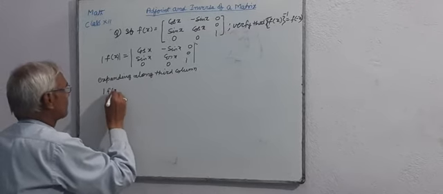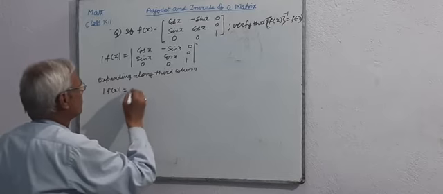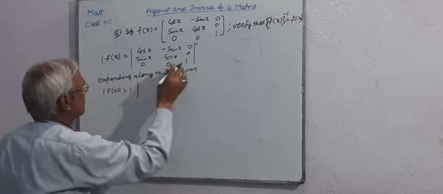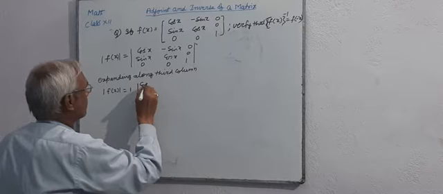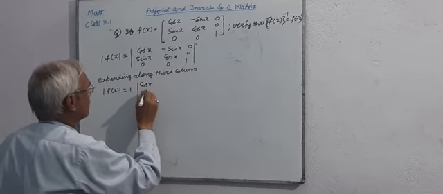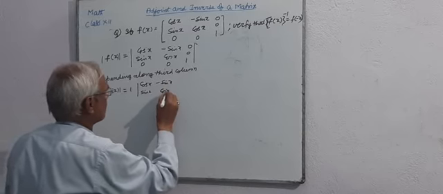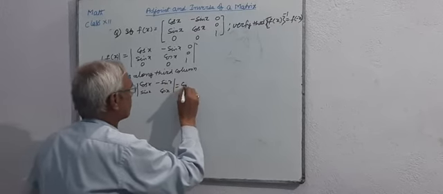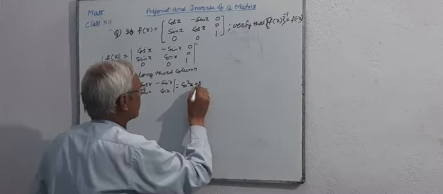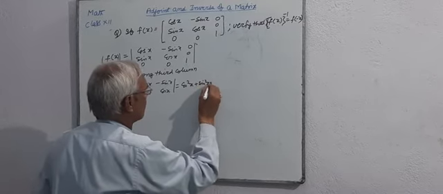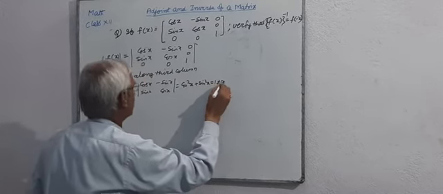Determinant of f(x) equal to 1 times cos x, minus sin x; sin x, cos x, equal to cos square x plus sin square x equal to 1, not equal to 0.